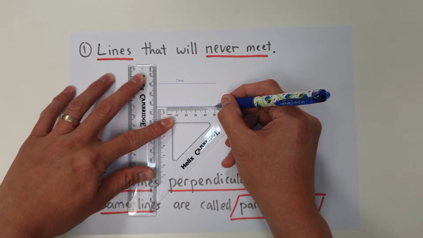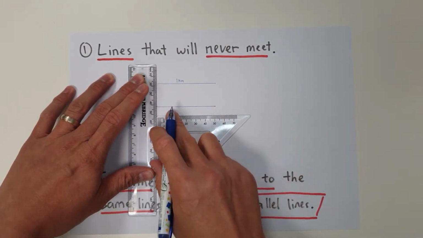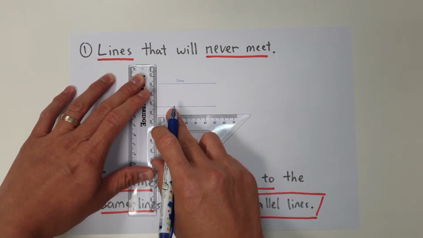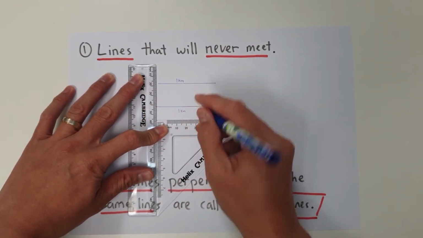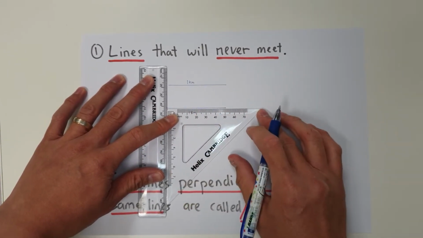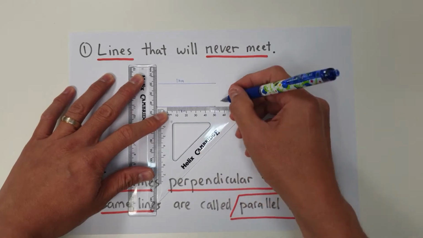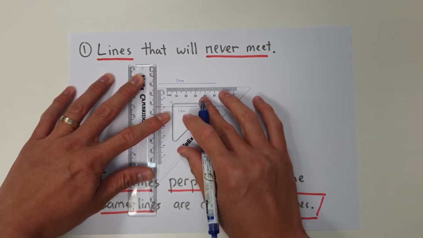If I stop at the same point, this side will also be 1 kilometer. If I were to keep going on further and further, you will notice that the roads, the lines, will never meet.